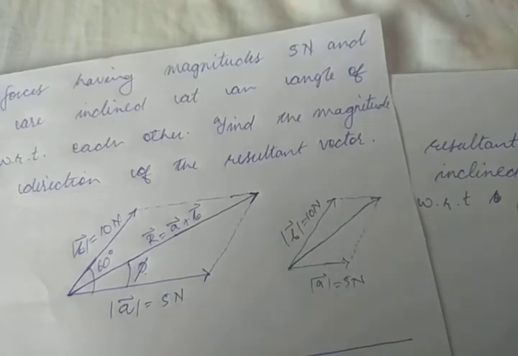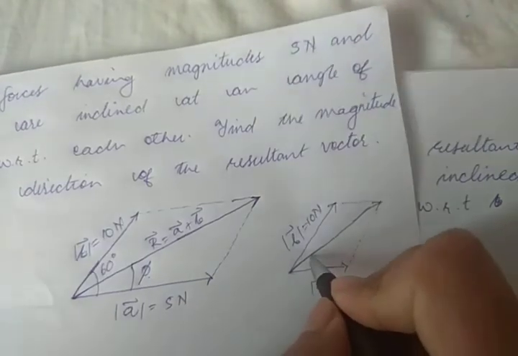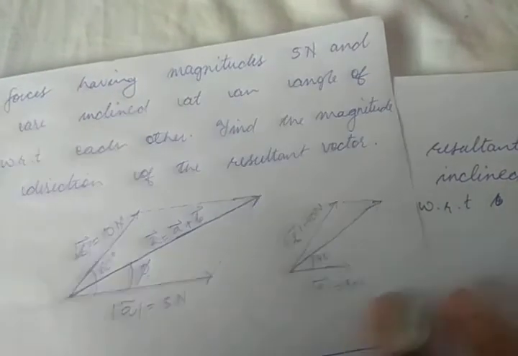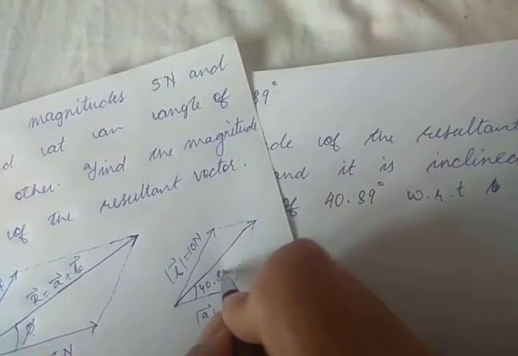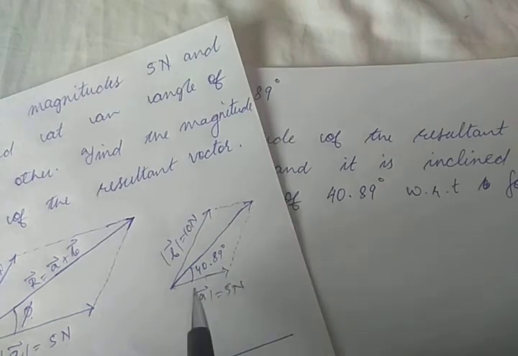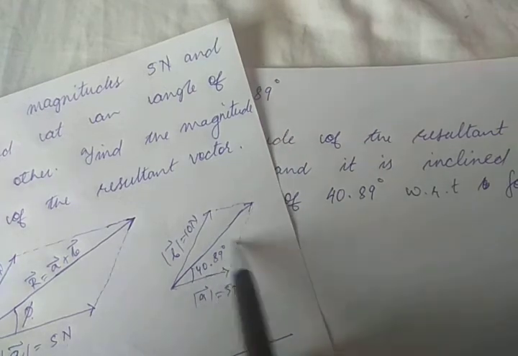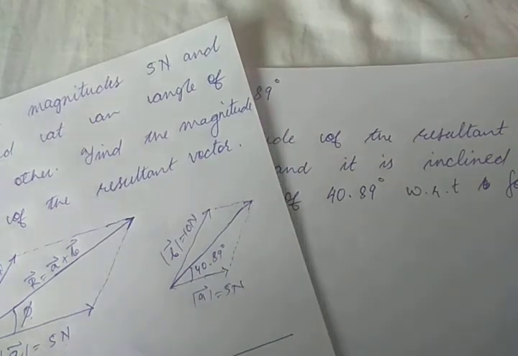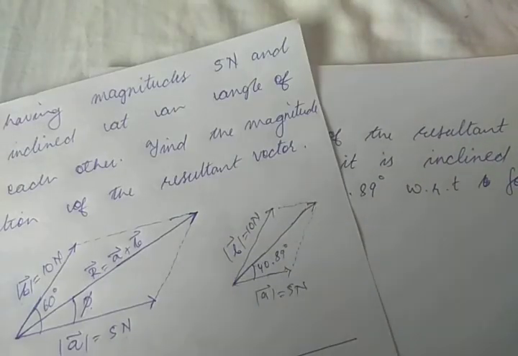And it is inclined at an angle of 40.89 degrees with respect to which vector? Don't forget to specify that: with respect to vector A. You have to specify it is inclined at an angle of whatever with respect to which vector. If you forget to specify this after doing all of this work, you lose marks. Remember that.